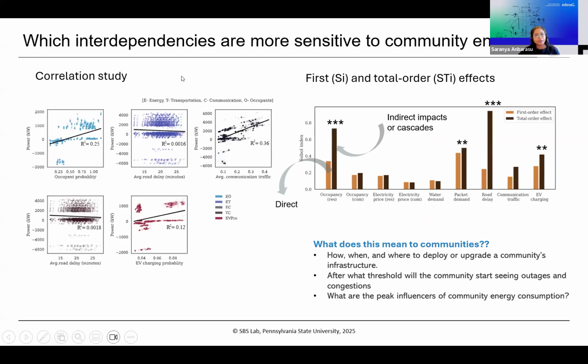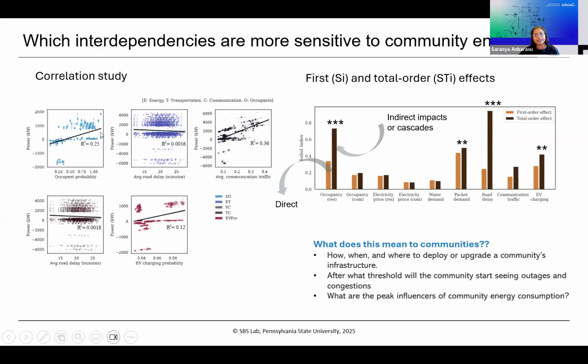And when we did look at the sensitivity, we finally looked into a correlation study and also ranked which interdependencies are most important and most effective on the energy consumption profiles.